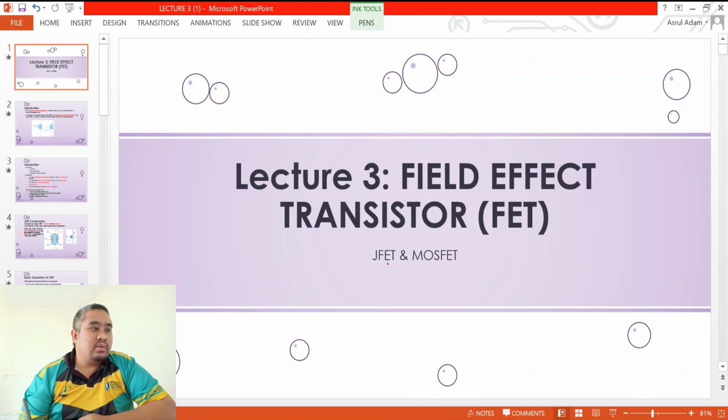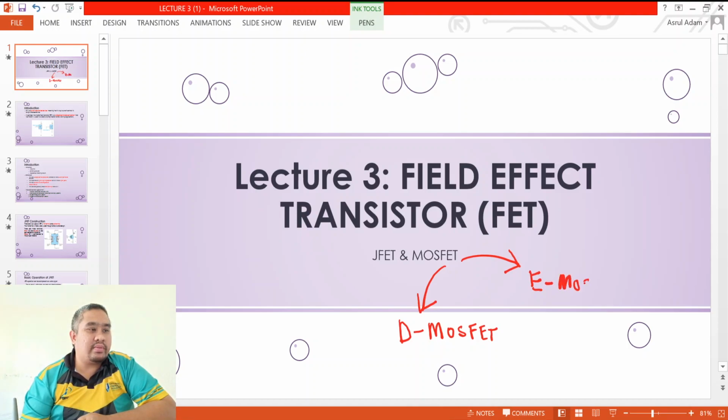So we will cover the JFET, and then the second one we cover is the MOSFET. Under the MOSFET, later on we will divide it into two devices: the D MOSFET, and the enhancement MOSFET, which we can call E MOSFET.